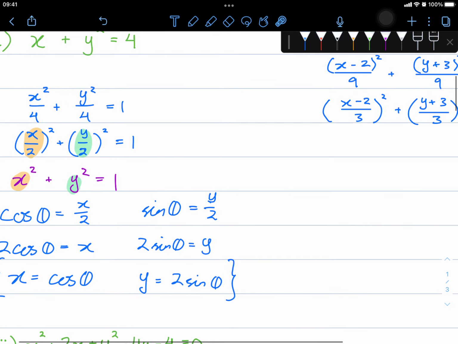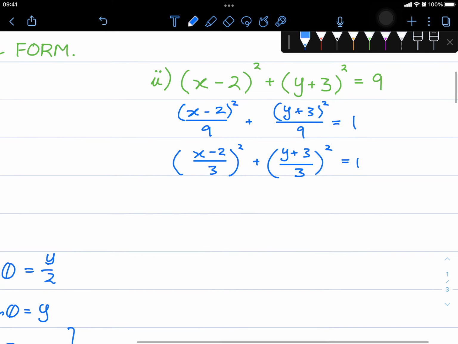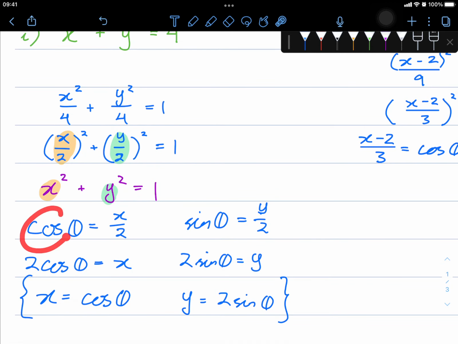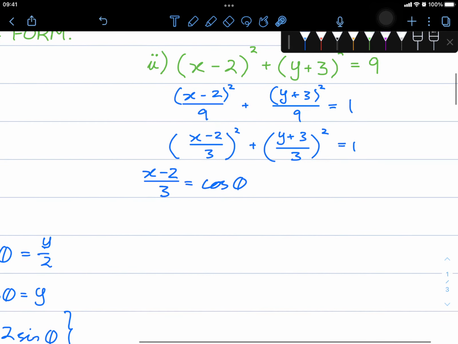Taking that and using cos and sine for x and y. So we now get (x minus 2) on 3 equals cos theta, because remember cos theta equals x, and in this example x is x minus 2 on 3.